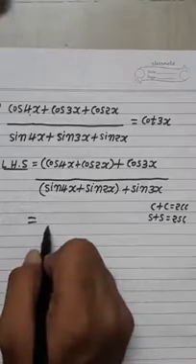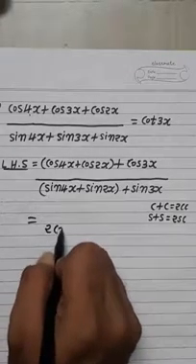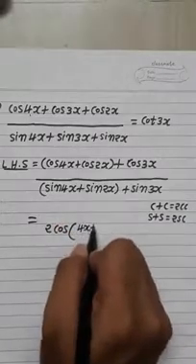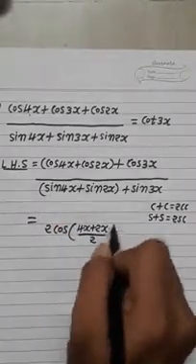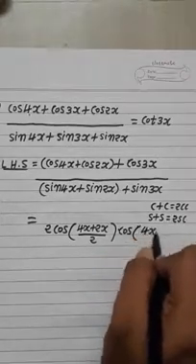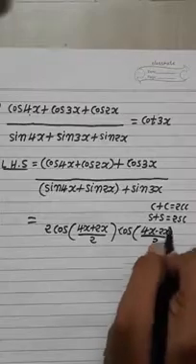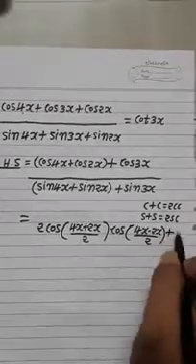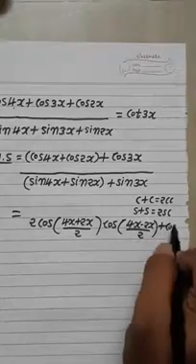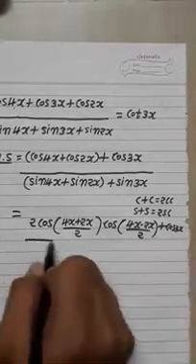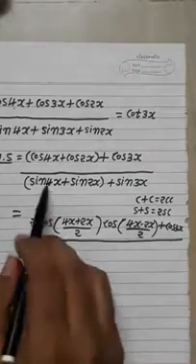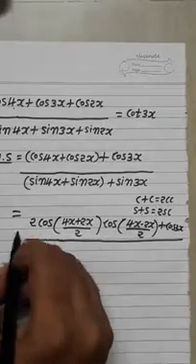So is equal to 2 times cos((4x plus 2x) divided by 2) into cos((4x minus 2x) divided by 2) plus, in the last term, cos 3x, so we can write it as it is, cos 3x upon, in the denominator, sin plus sin, that means 2 sin cos.